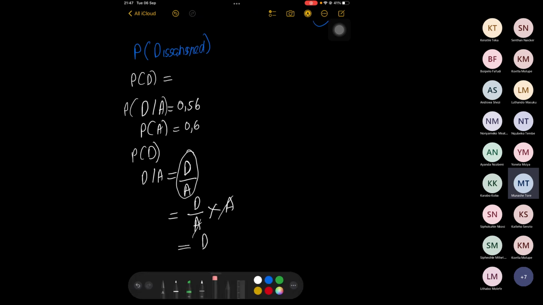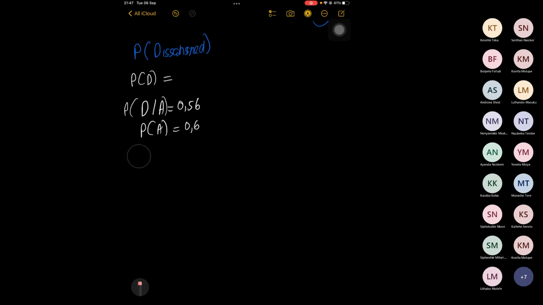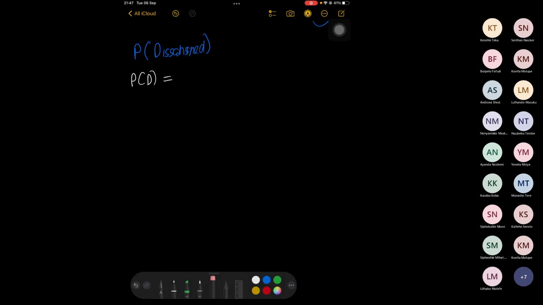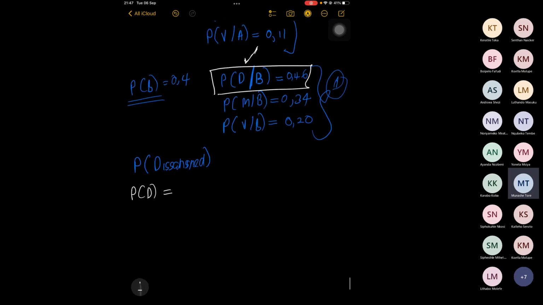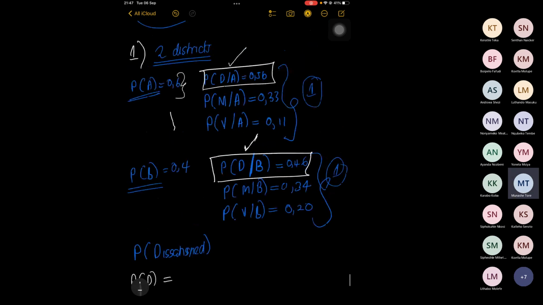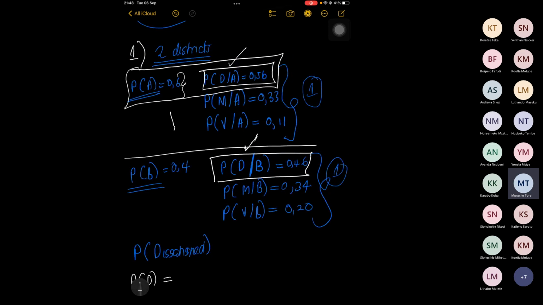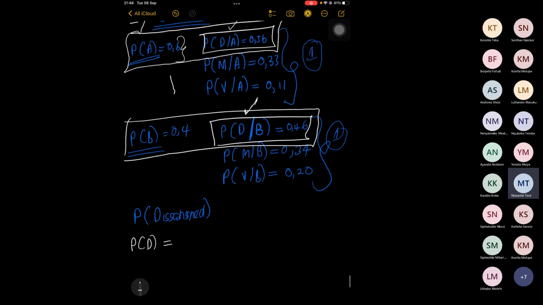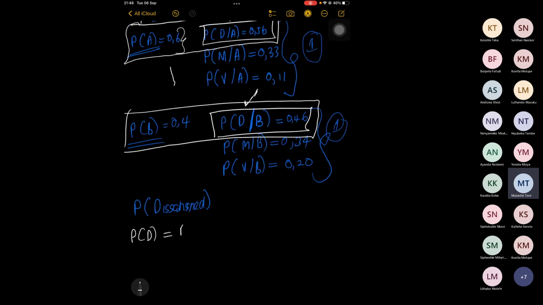In literal terms, this is similar to what's being done here. We want to calculate the probability of D from this case for now, then we also want to calculate the probability of D from the other case. For the first one, it's going to be probability of D given A times probability of A.